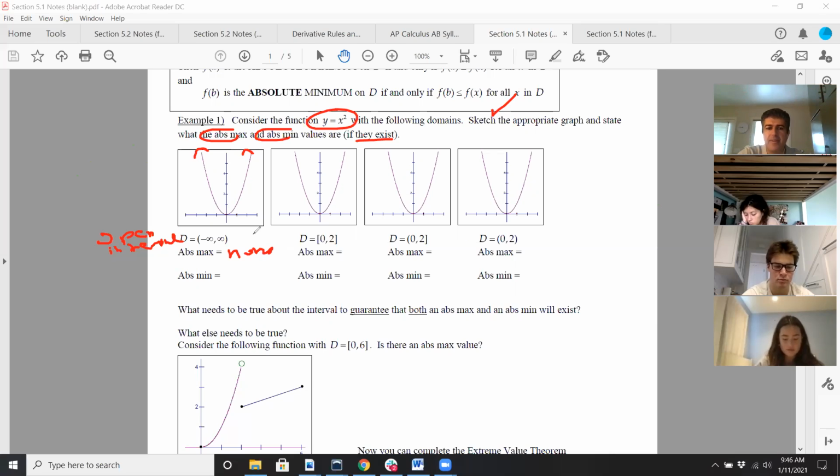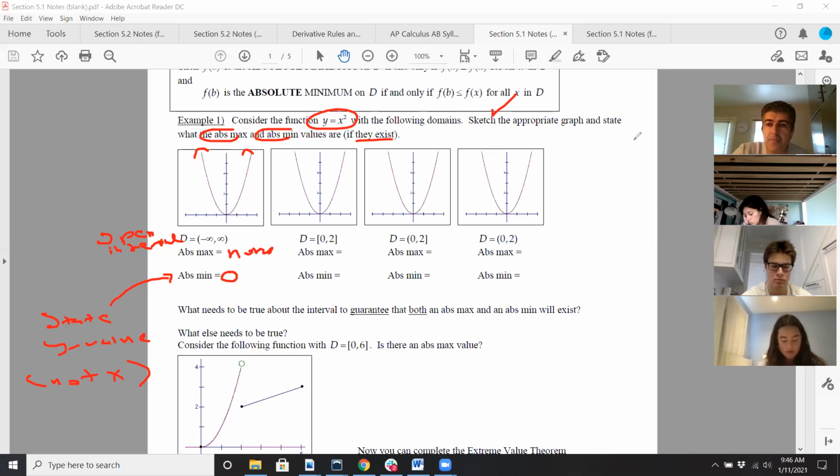The absolute min, however, I do know. It's 0. And just so you know, when you state this, you state the y value, not x. If they want the x value at the minimum, you'd be explicitly told to do so, like give me the x coordinate at the absolute min. Fine. But when they ask for the absolute min or absolute max, they want the y value.